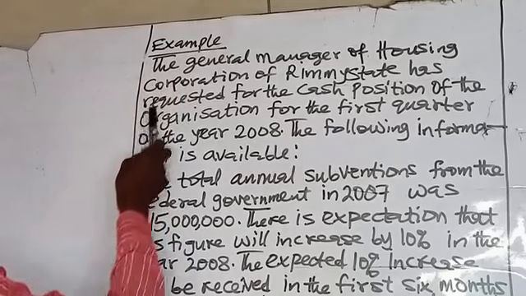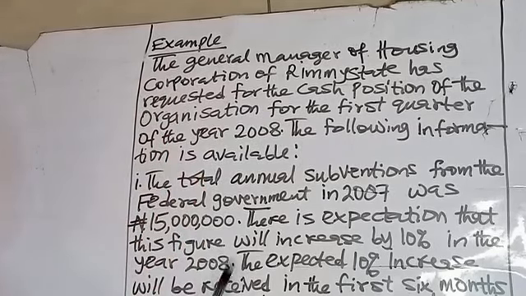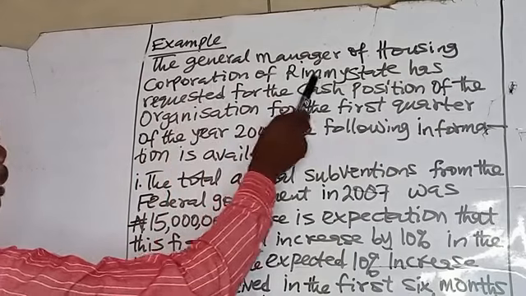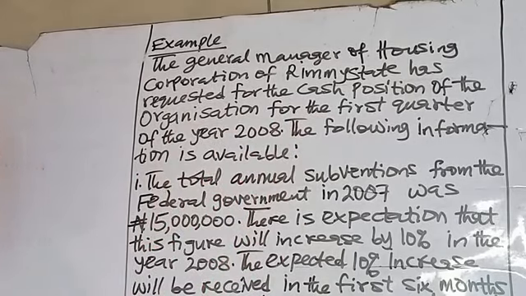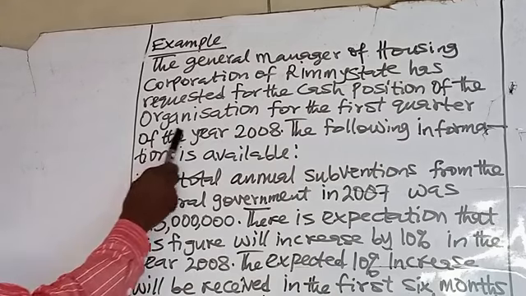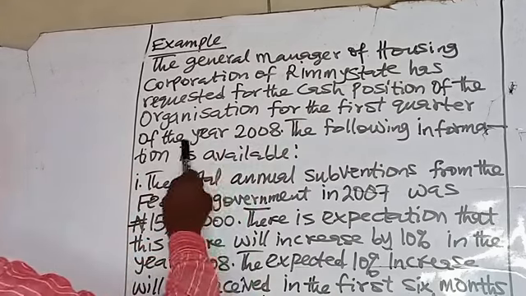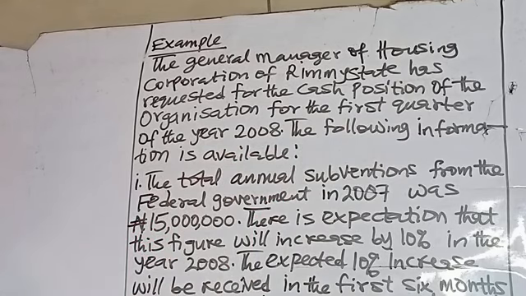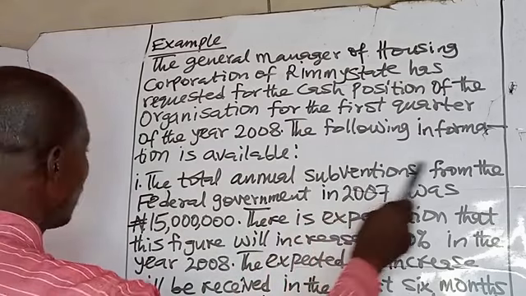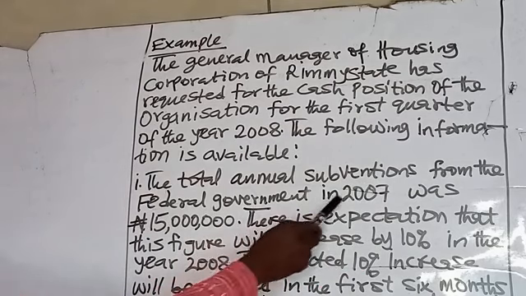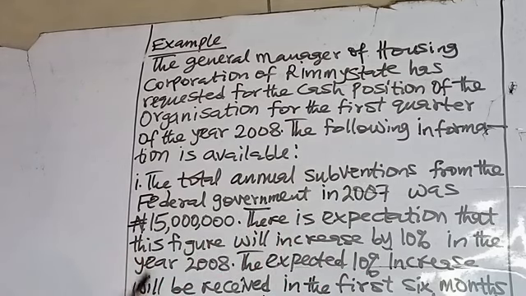Example: the general manager of Housing Corporation of Rimi State has requested for the cash position of the organization for the first quarter of the year 2008. The following information is available. 1. The total annual subventions from the federal government in 2007 was 15 million naira.